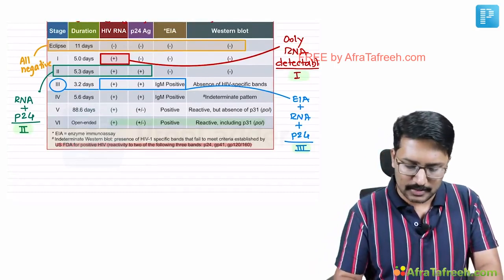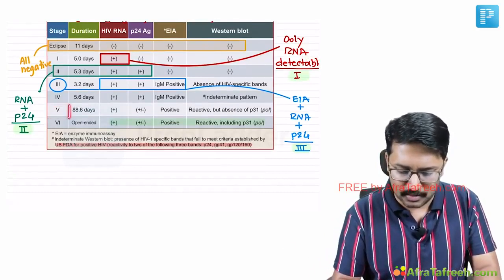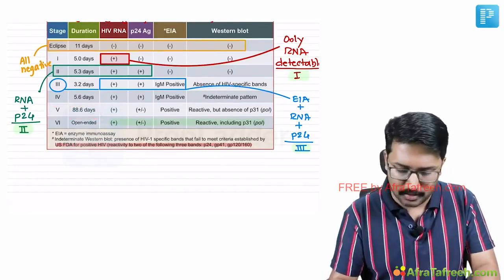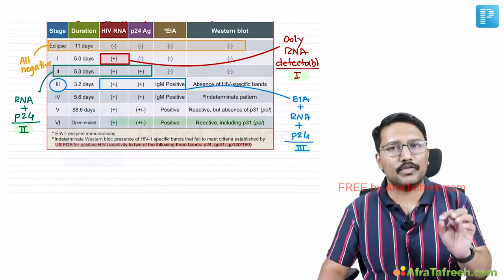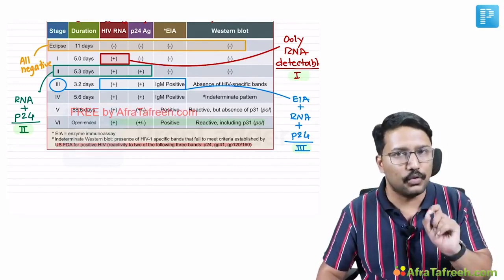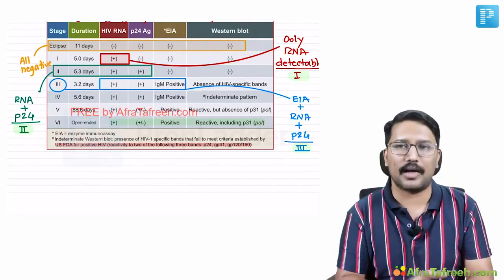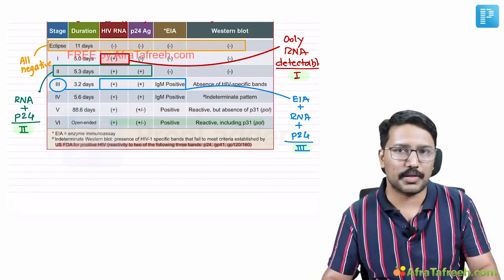Okay. Now in stage 5, which lasts for many years, like around 3 months, at this point of time, our RNA remains positive, because once the viral DNA has been integrated into host cells, there will be some low grade replicative activity going on, and RNA will be identifiable in most patients, right?